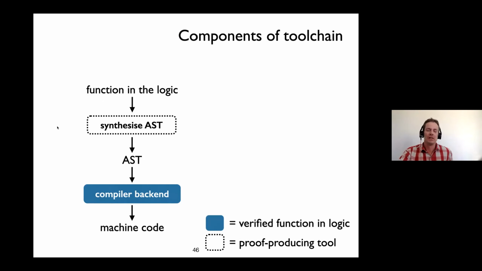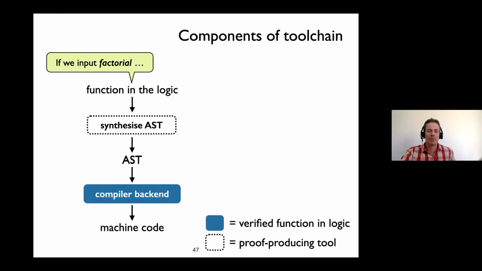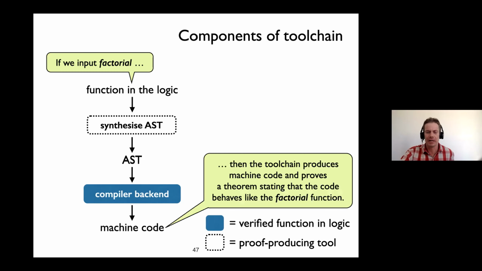This streamlines a lot of what was done more manually in the previous work. Just as an example, if we input the factorial function, the toolchain produces machine code that proves a theorem stating that the code behaves like the factorial function.